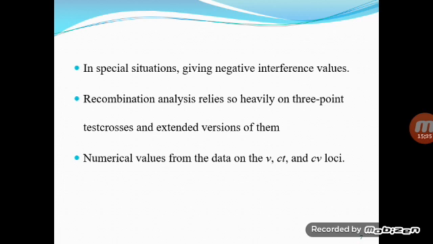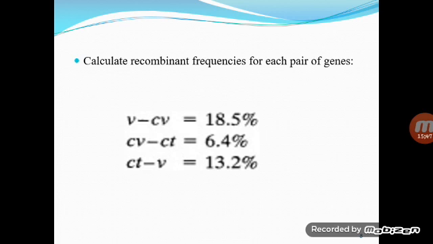We shall use numerical values from the data of V, CT and CV loci and try to calculate interference. Numerical values will be used and we will calculate the recombination frequencies. Calculate recombinant frequencies for each of the genes.